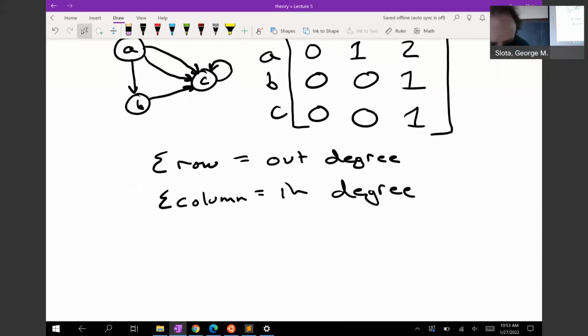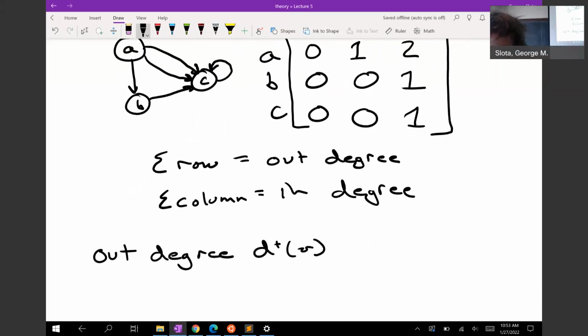And so the out degree, we write d plus of v, equals the number of edges coming out of v.